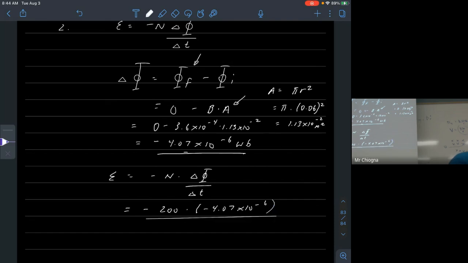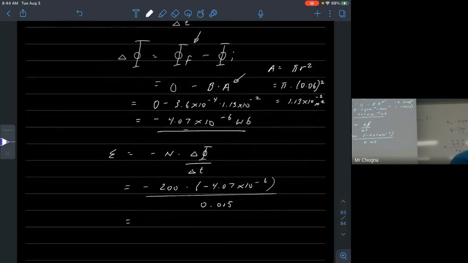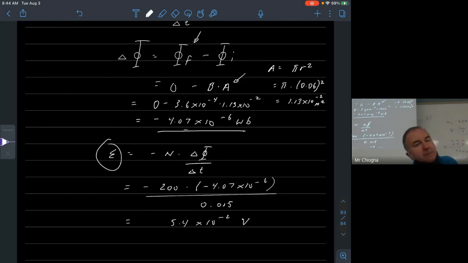And it does so in 0.015. Okay, and the answer is 0.054 volts. Remember, this is a voltage. It's an induced voltage. It's got a special symbol, but it is a voltage.